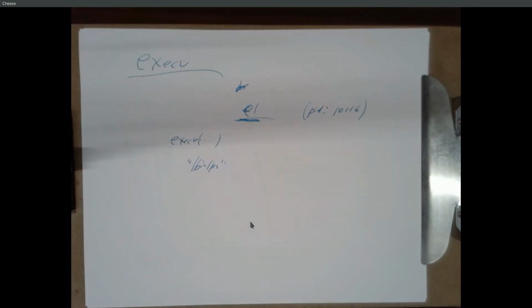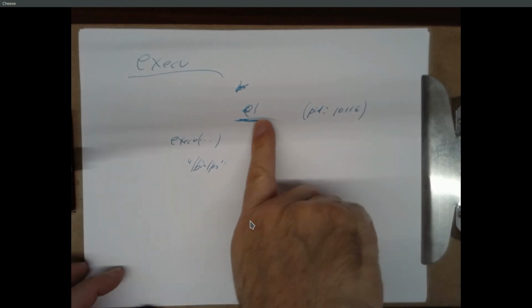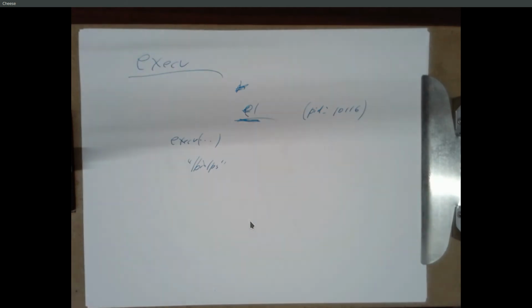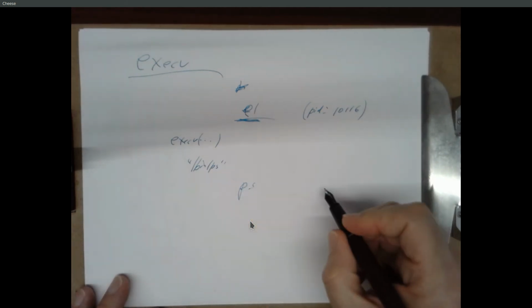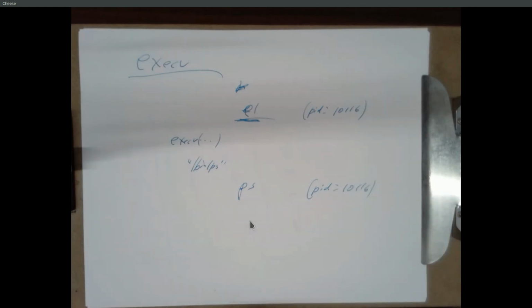So exec v is a function that will open up this file /bin/ps, read the binary code out of it, figure out which of that code should go where in memory, and then overwrite its own memory with that stuff. And after the call to exec v is done, E1 is no longer what's running. What's running is now ps, and it has the same process ID that E1 had.